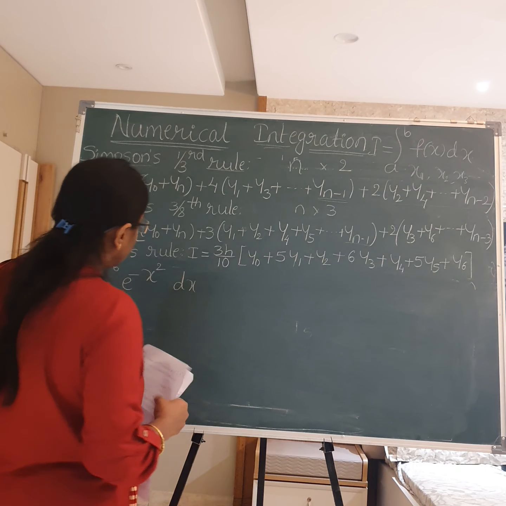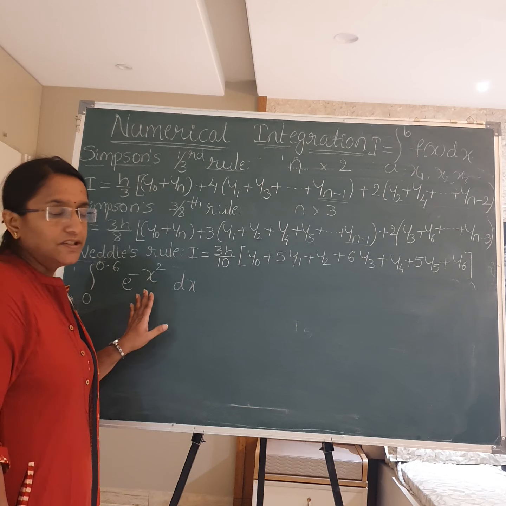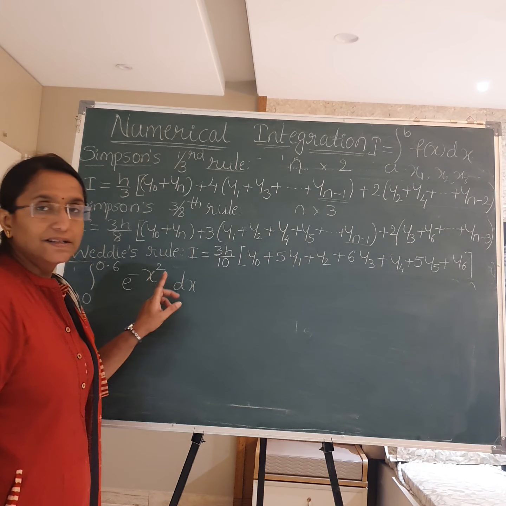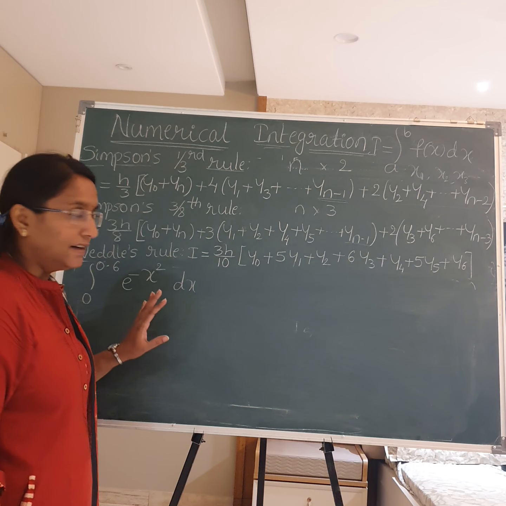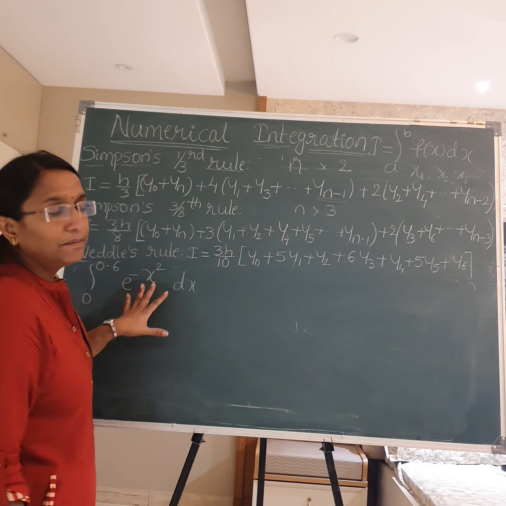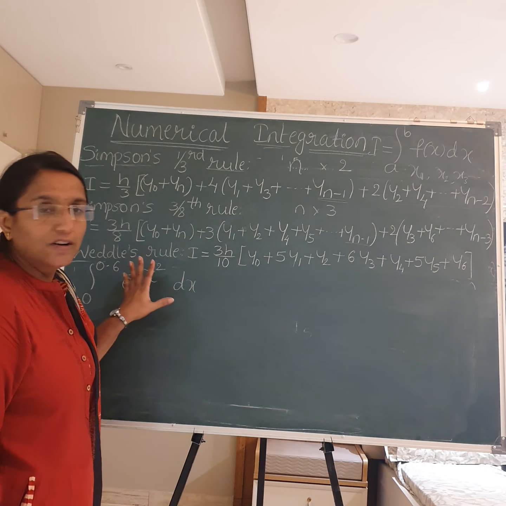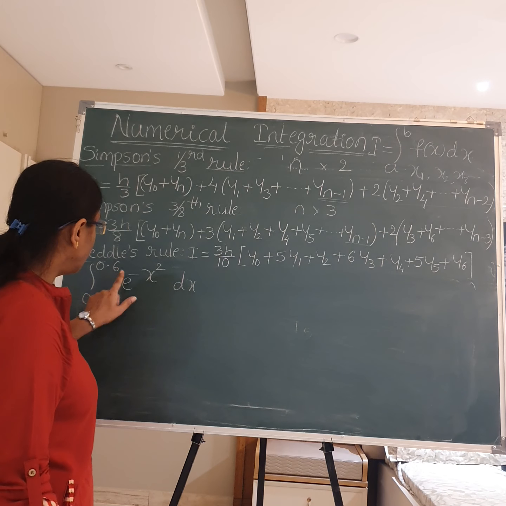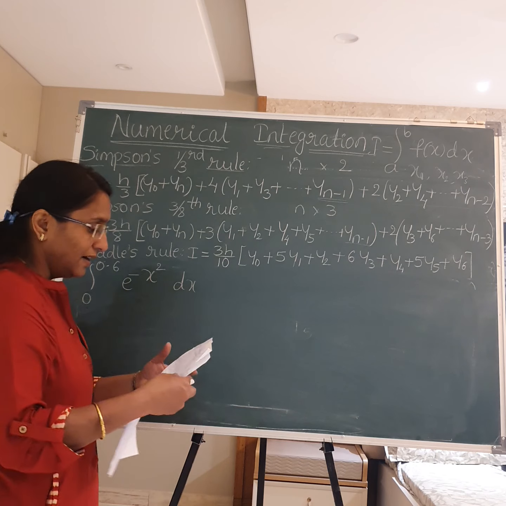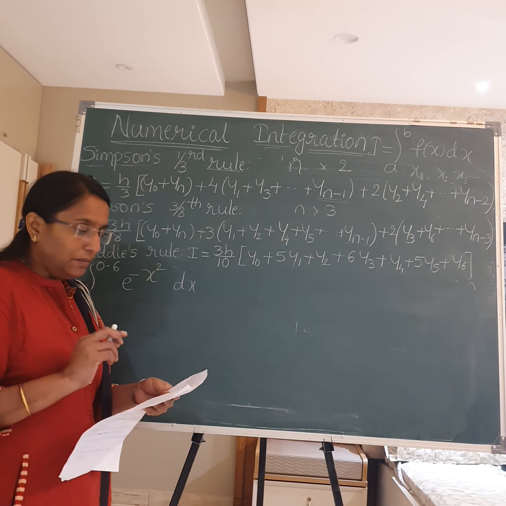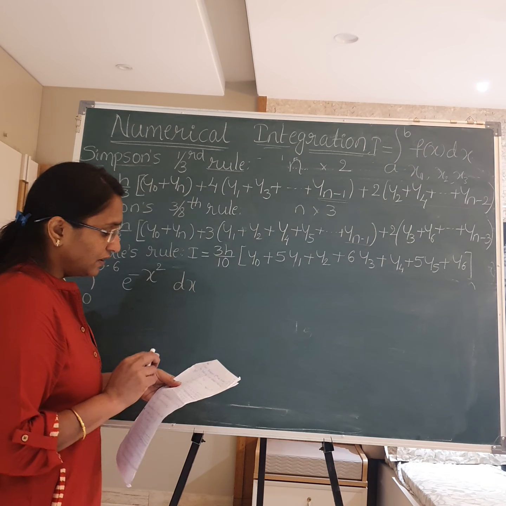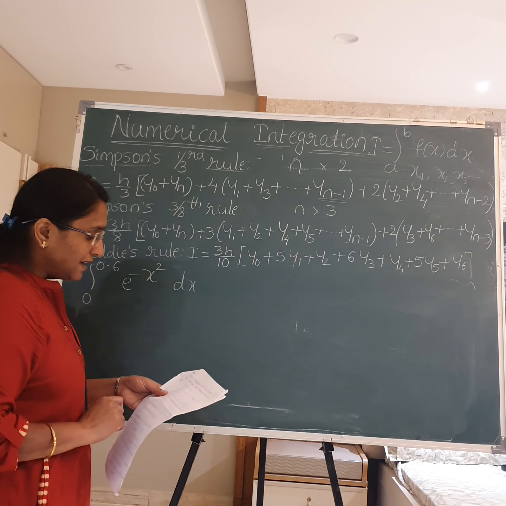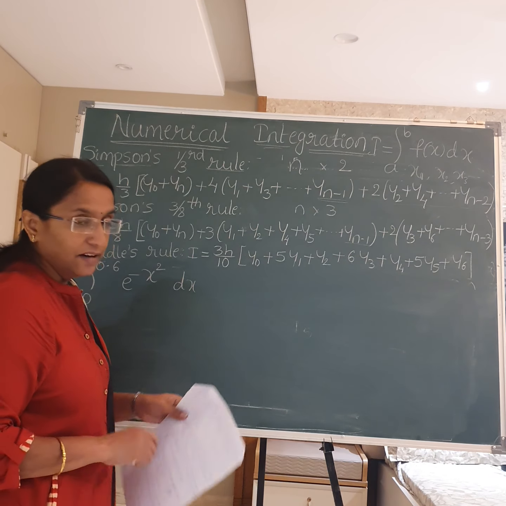If you try to find its integration, it is very difficult. We cannot find it manually here. E raised to minus x square, we cannot integrate it. So by using numerical methods, we can easily find its value. The given problem is to use Simpson's 1/3 rule to find this integral by taking 6 sub-intervals.